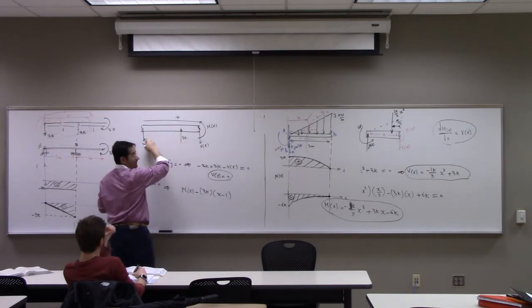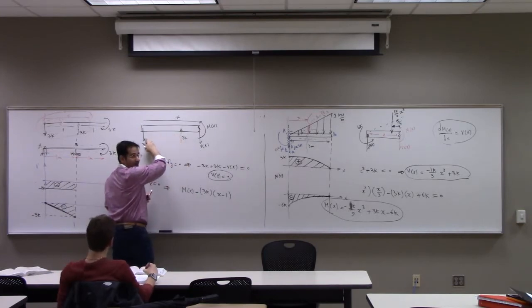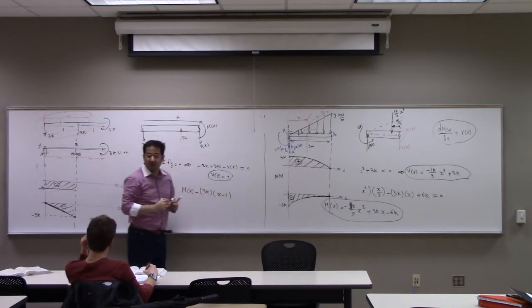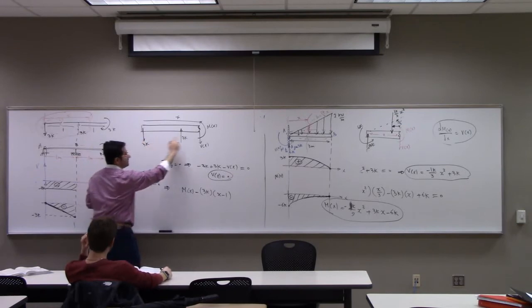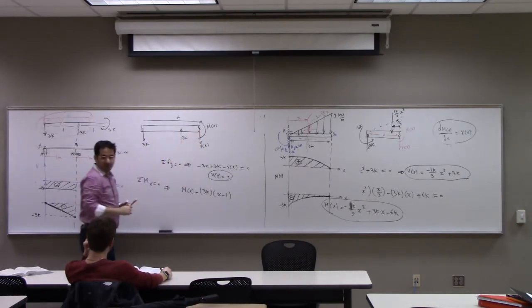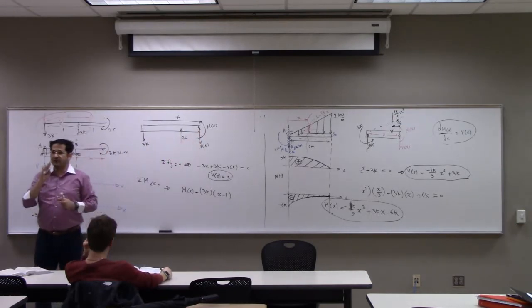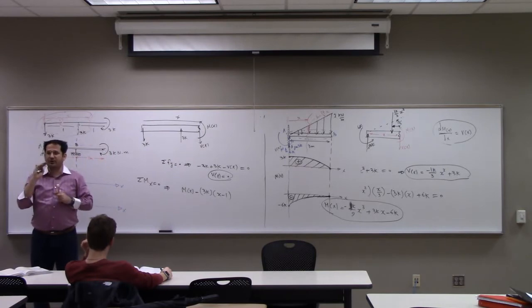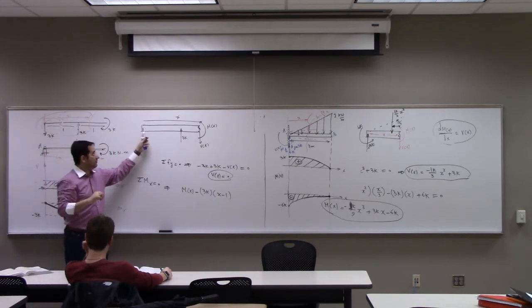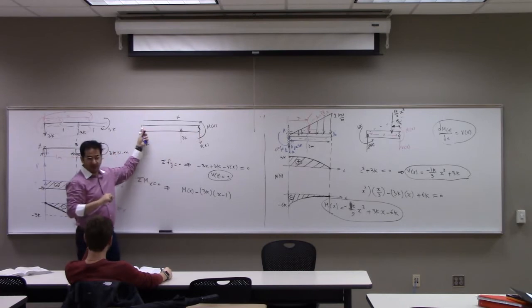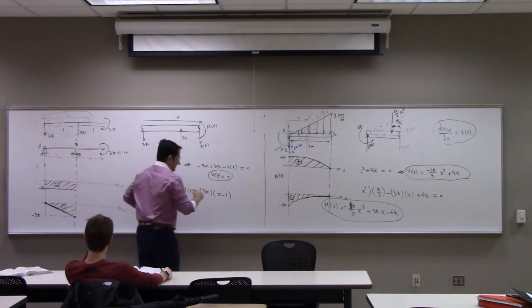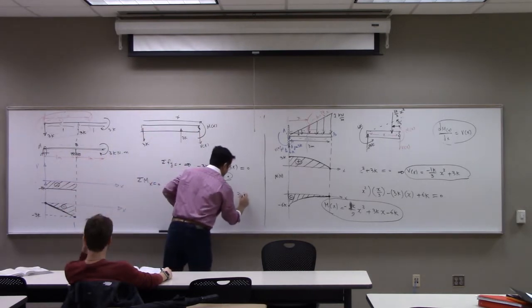And finally, what's your write for that? X times. The moment coming from here with respect to that point. What is that? Moment is equal to force times moment arm. Force is 3K. What is the moment arm? X. So 3K times? Positive or negative?